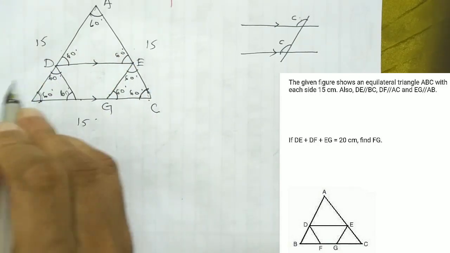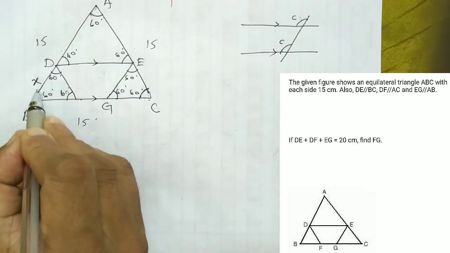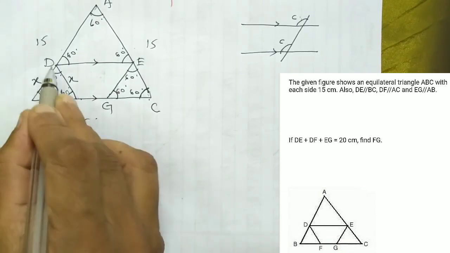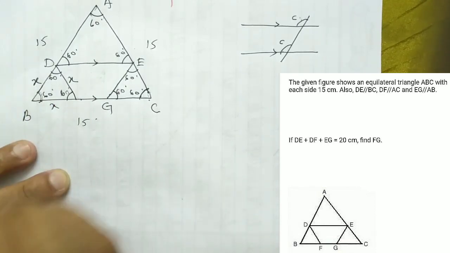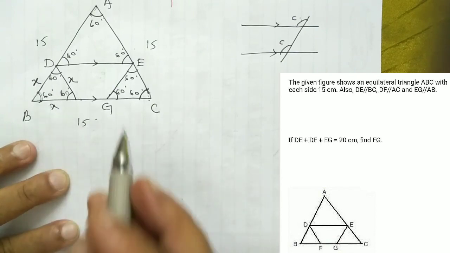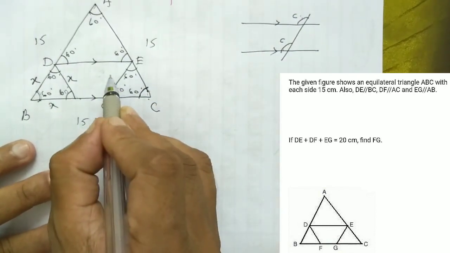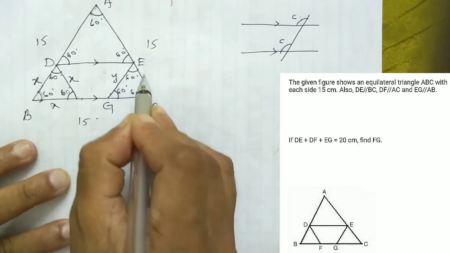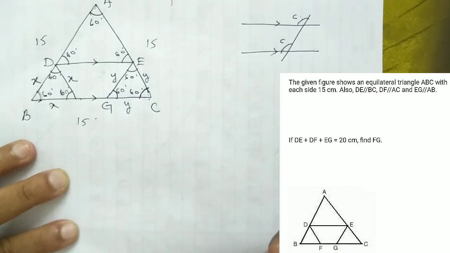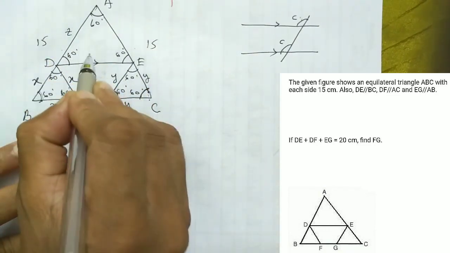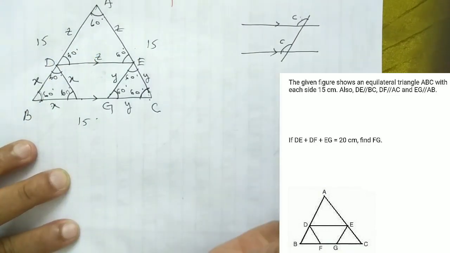So if I consider that this is x, then this is also x, this is also x, because this is an equilateral triangle, all the sides are the same. So I am considering x, x, x. Now here this is another equilateral triangle, so let us consider its sides are y, y, y. This is another equilateral triangle, let us consider its sides are z, z, z.